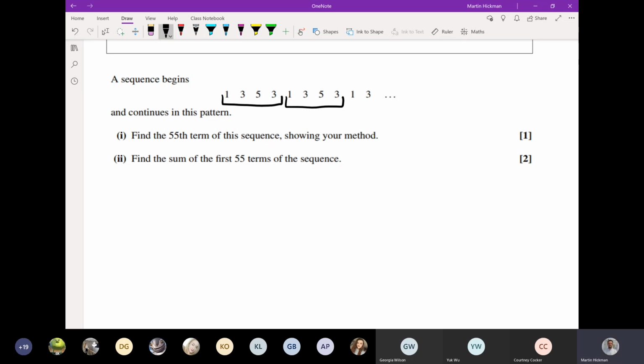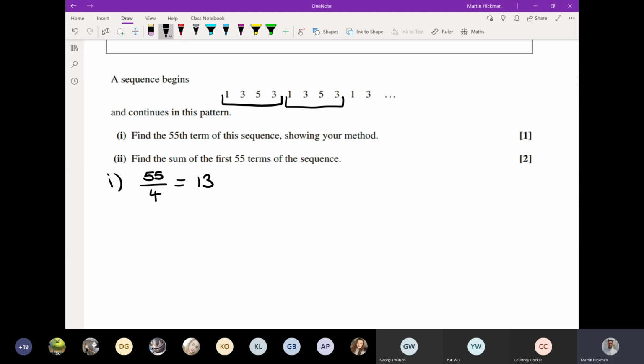So each cycle, if you will, has 4 terms. So what I would do is 55 divided by 4. I want to see how many cycles I'm going to need to go through. Now your calculator is going to say 13.75. This is one of the rare cases where we don't want to put a decimal at the end, or write it as an improper fraction.